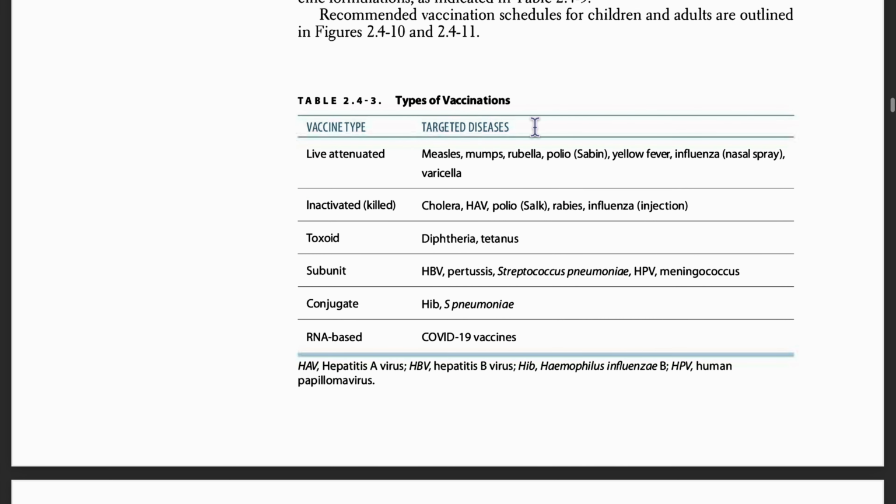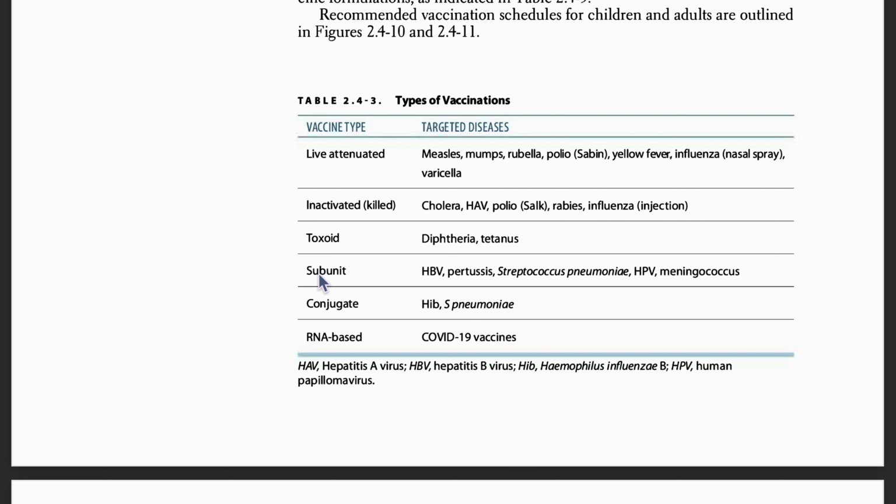Okay. Types of vaccination: live attenuated. These are your measles, mumps, rubella, polio, yellow fever, influenza nasal spray, and varicella. Inactivated or killed ones are cholera, Hep A, polio Salk, rabies, and influenza injection.